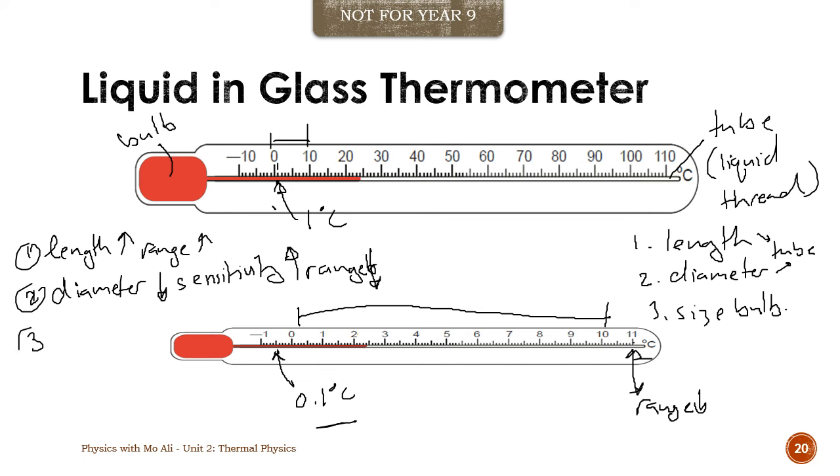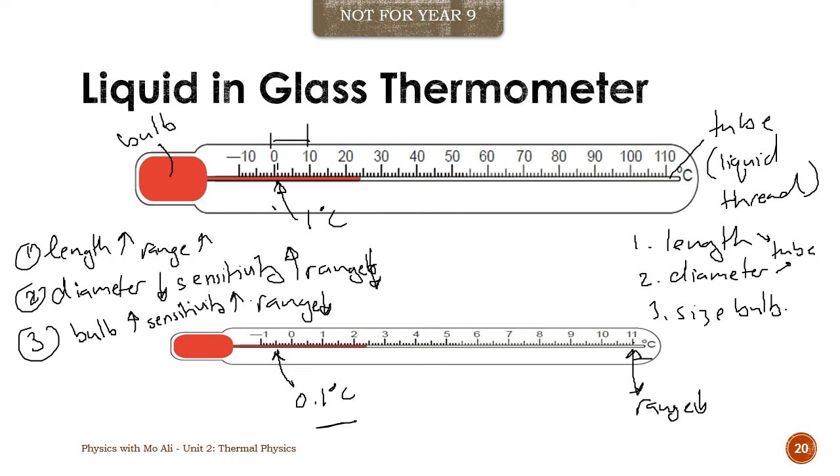And third and finally, the bulb. If you increase the size of the bulb, the sensitivity increases just like the diameter. Let me just erase this for a second. And the range decreases exactly the same as what happened with the diameter, because the liquid now expands more.